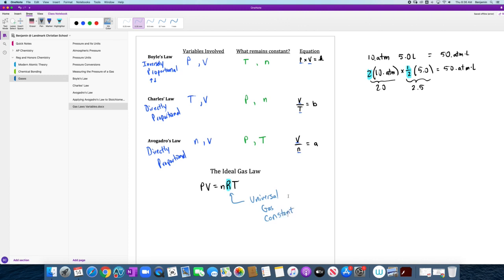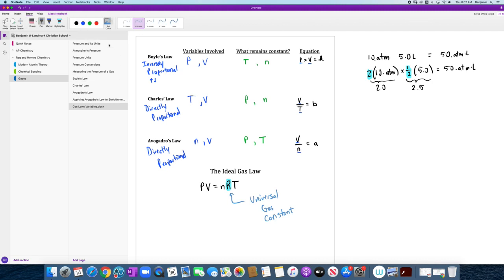That's not rigorously true mathematically, but you can kind of think about it that way. It represents a constant value that shows up in any gas sample once you take into account all the other variables. So, another way to write the ideal gas law equation is to solve it for R, this universal gas constant, because it's actually a really important value.